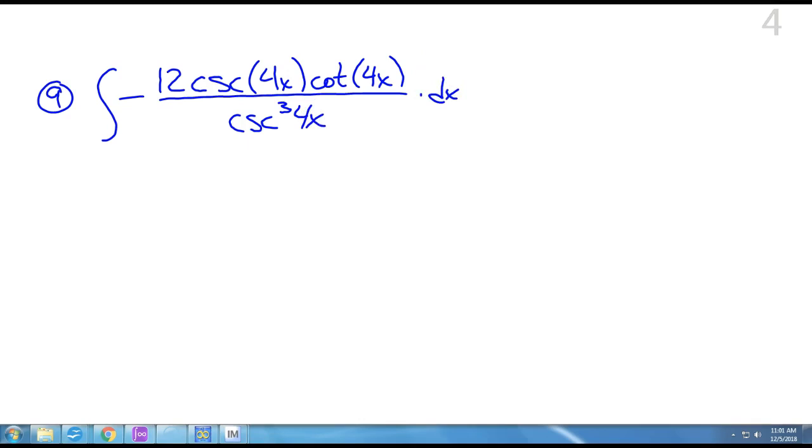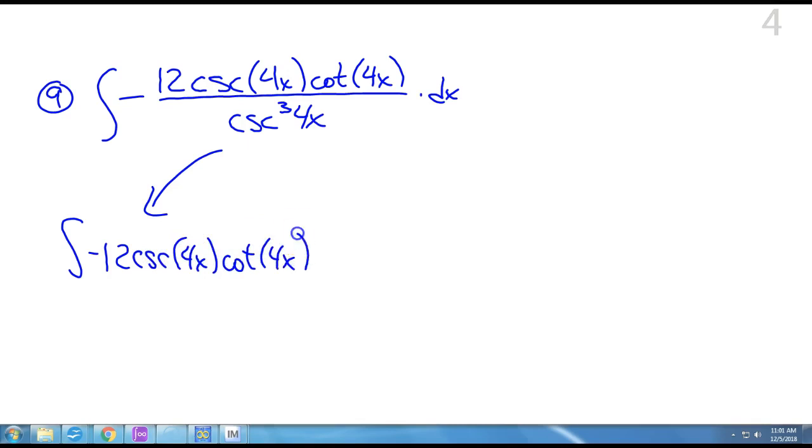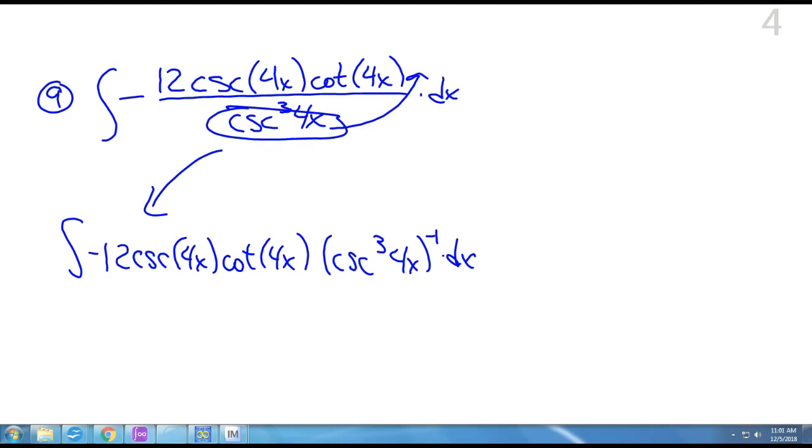What I saw a lot of people doing yesterday, and it's not wrong, is that you have an extra step to do and you have to realize what the step is. You started off with this, so you kept the part on top and you brought this entire chunk up and made it to the negative first. Then 2 or 3 people were like, hey, I'm stuck. I brought it up, now what do I do?